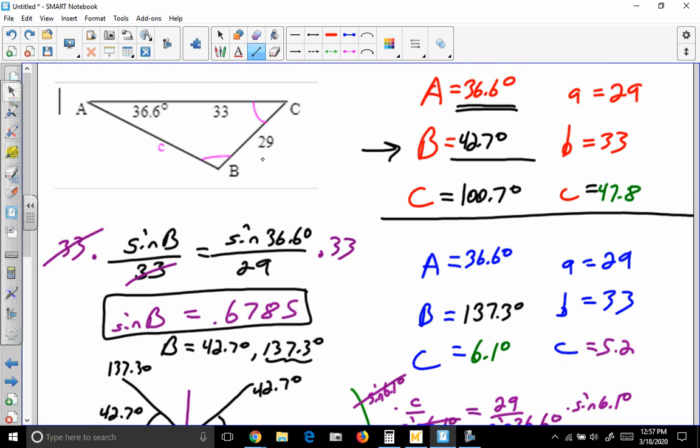B is obtuse. If we take the same side and draw the same side down here, then notice this side, that's the side I'm wanting to change. This side stays 33. Anyway, these are our two different solutions here.